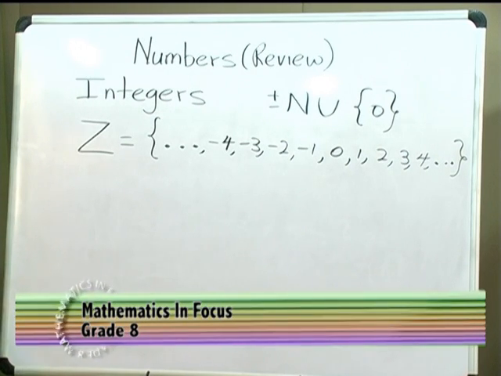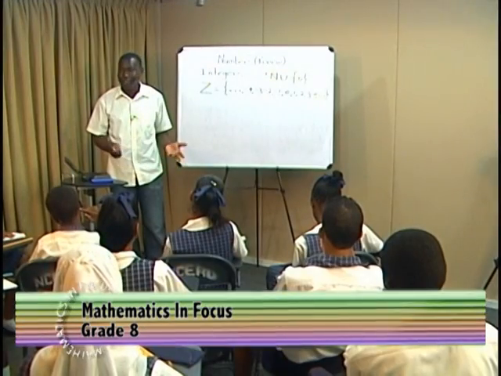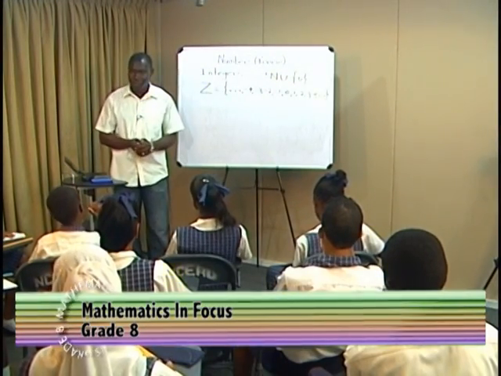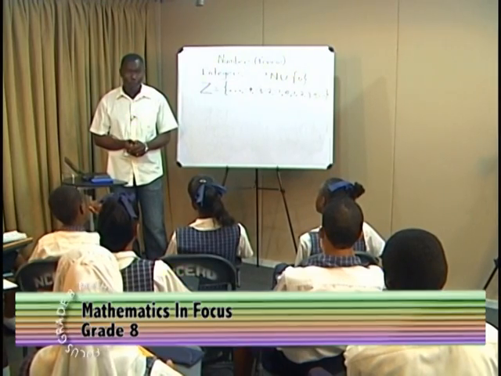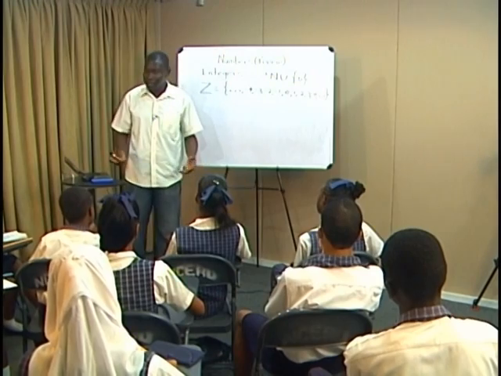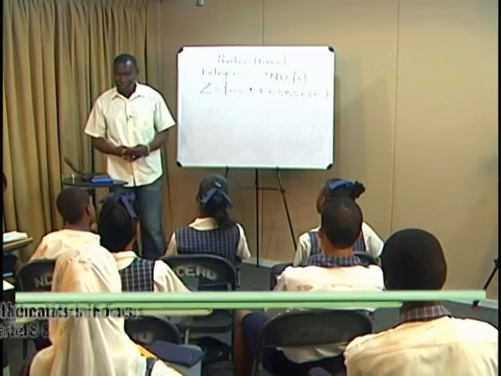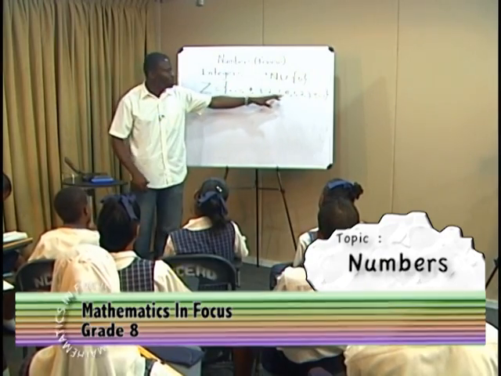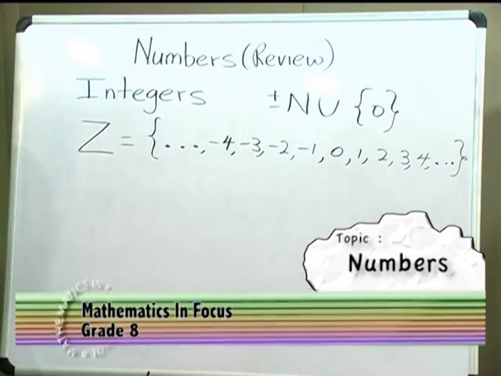Is 0 negative or positive? Actually, 0 is neither. 0 is a special number. 0 is neither negative nor positive, because a number cannot be both negative and positive. So 0 has no regard for negative and positive sign.